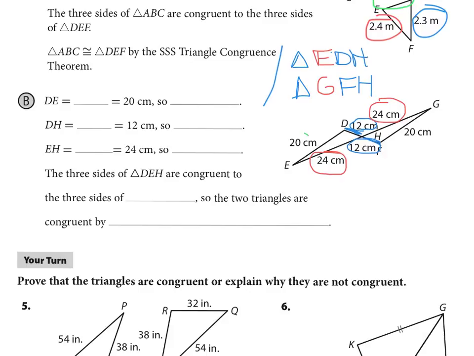And then I have DE is congruent to GF. Sorry about that. DE was congruent to FG. And so we want to make sure that they're all in the right order too. That's really important to do that.